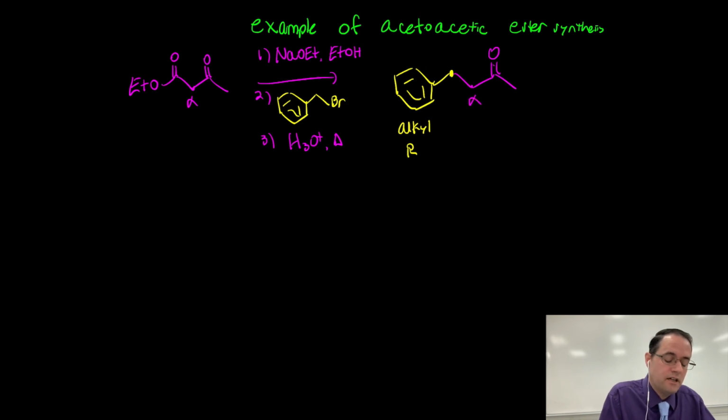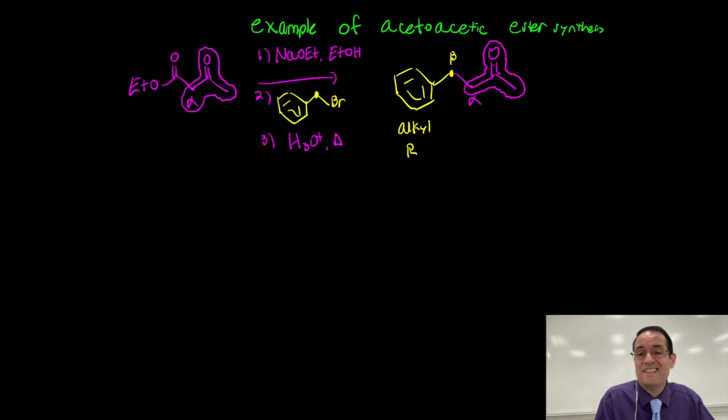So here's my alpha carbon. So these carbons right here end up in the final molecule. This carbon right here that I'm highlighting becomes the beta carbon of my ketone. Okay, so that's how it works.